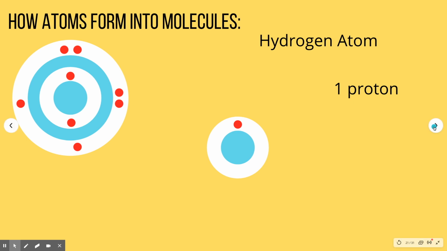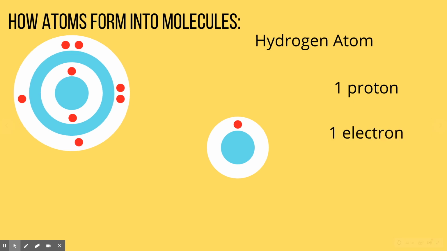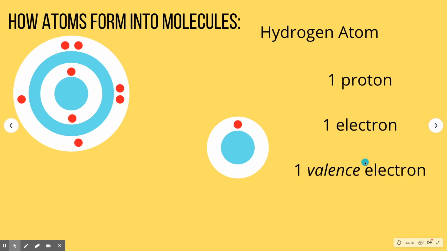So hydrogen has one proton, and because it has one proton, it also has one electron. So it has one valence electron, because even though it's the inner shell, it still is the outer shell because it's the only shell.